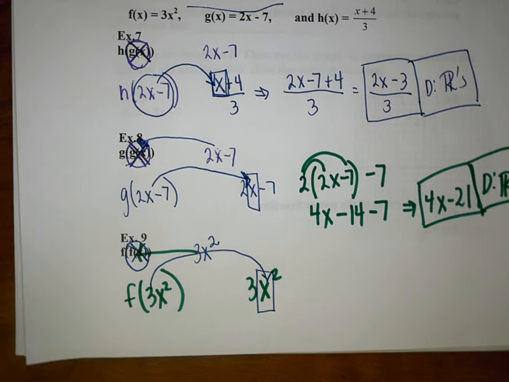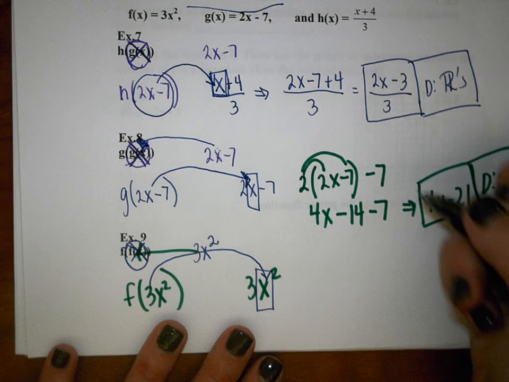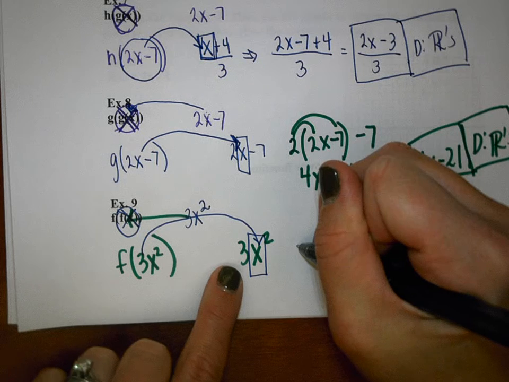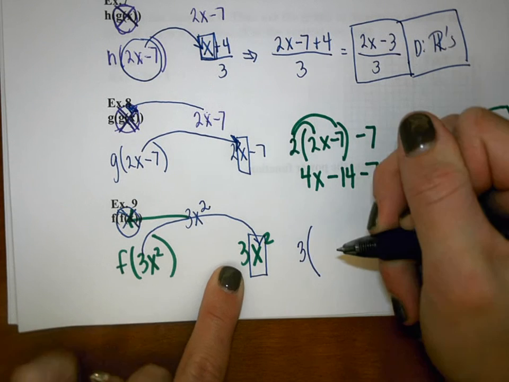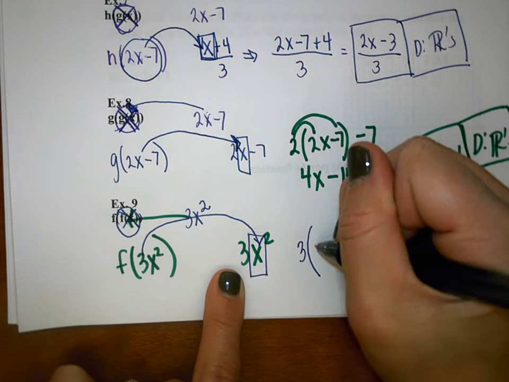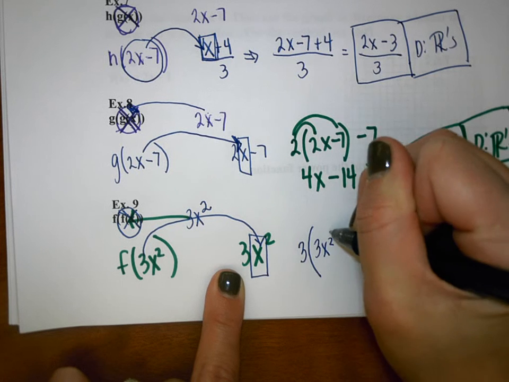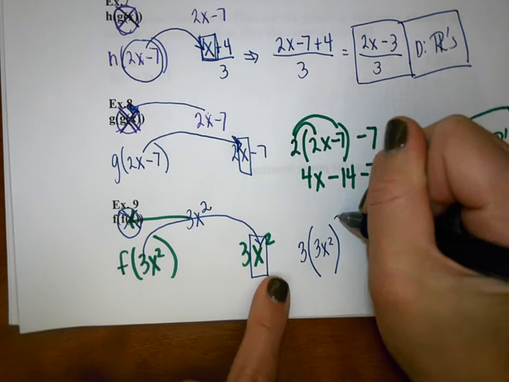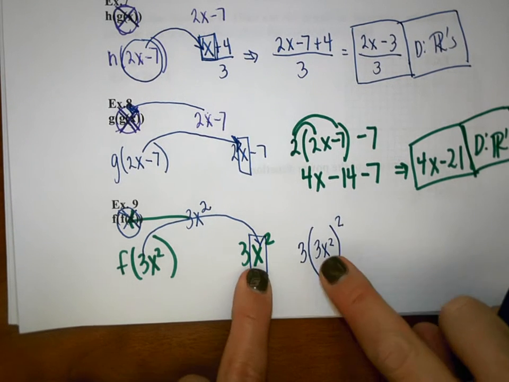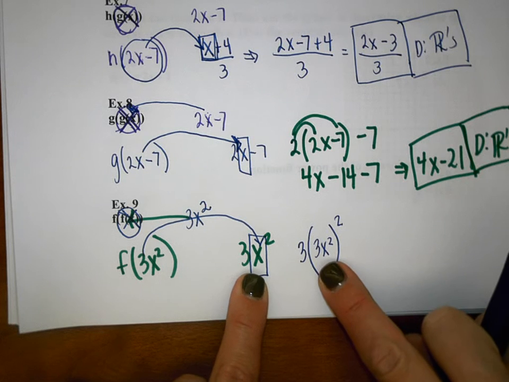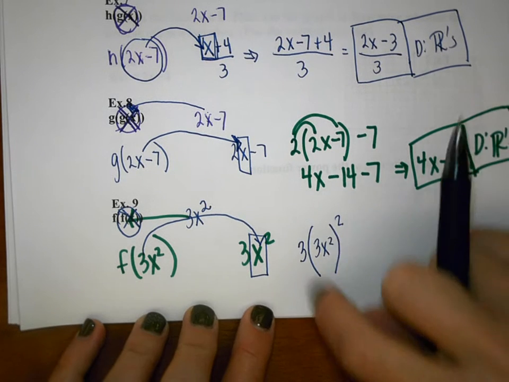So that 3 right there is kind of separate. So when we write this, we have 3, and then I'm going to make a parenthesis because my f of x is 3x squared, close my parenthesis, and it's squared. So the x is now 3x squared. So now the parentheses is what's being squared here.